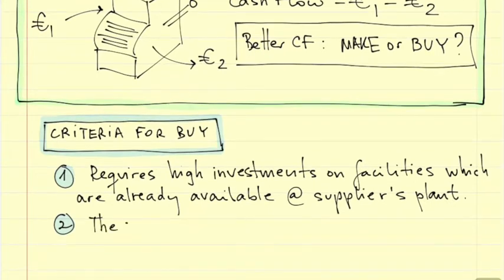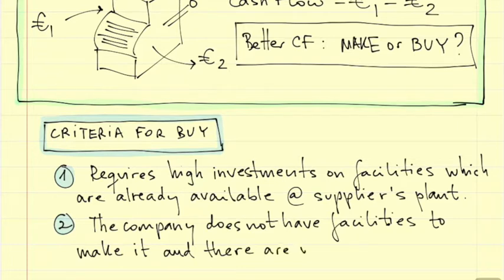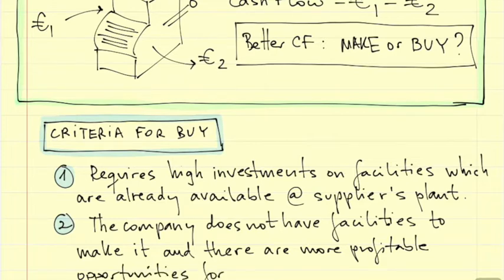The company does not have facilities to make the product, and there are more profitable opportunities for investing the firm's capital.